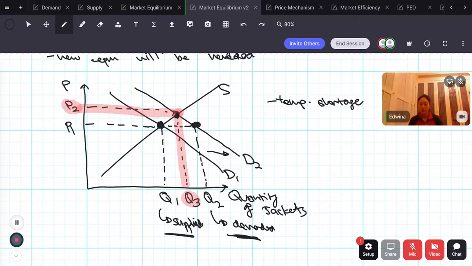So this is how you would use an example in your essays to say that, oh, there was an expansion, there was an increase in demand at all price points. However, it resulted in a shortage, therefore leading to a new equilibrium point being established because price was initially too low, and so they had to increase prices.